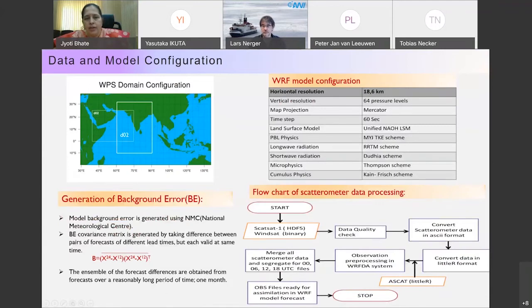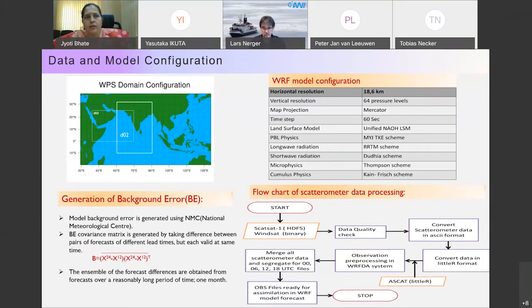We have generated the background error using an independent data set of 2017, and we have calculated the background error covariance matrix over this domain using the NMC method. It is calculated using the difference between pairs of forecasts having different lead times, but each valid at the same time.